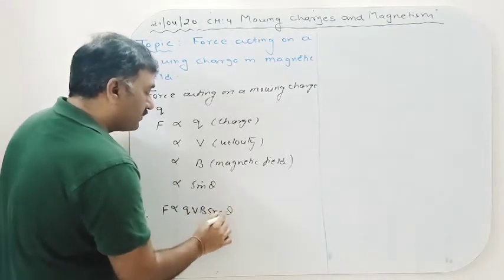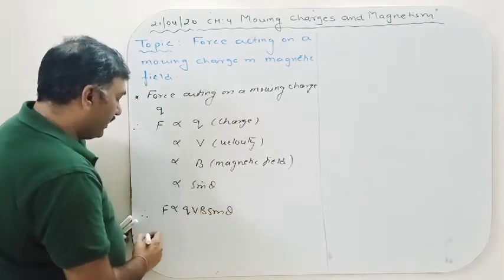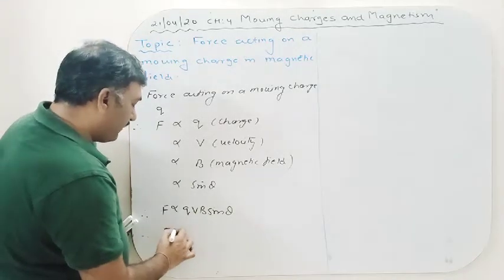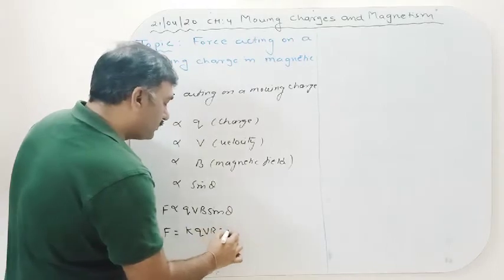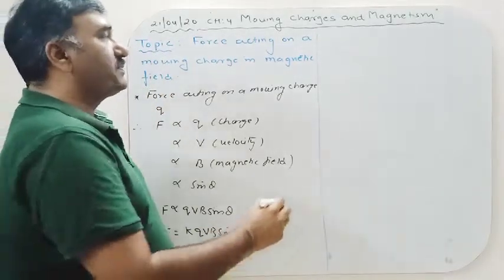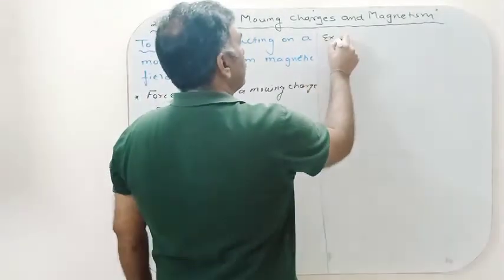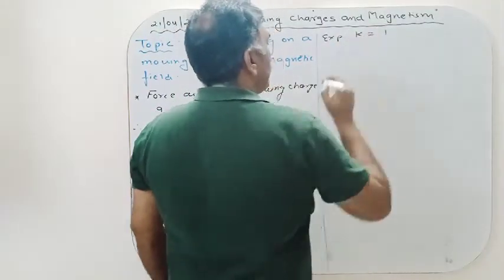Combining the above four, F is proportional to QVB sin theta, and to remove this proportionality we have to put some constant. So F is equal to K QVB sin theta, and experimentally the value of K is taken as 1.